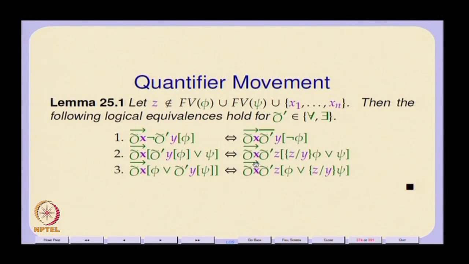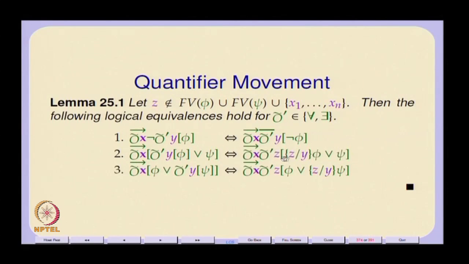Then what I can do is an alpha conversion and replace that y by a z, and since z does not occur anywhere in all this, I can also move this quantifier q prime z outside.